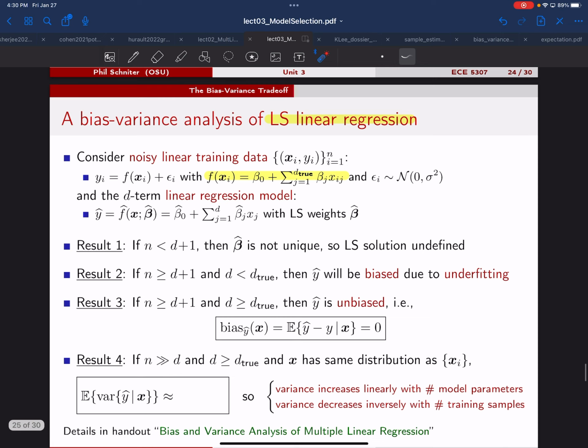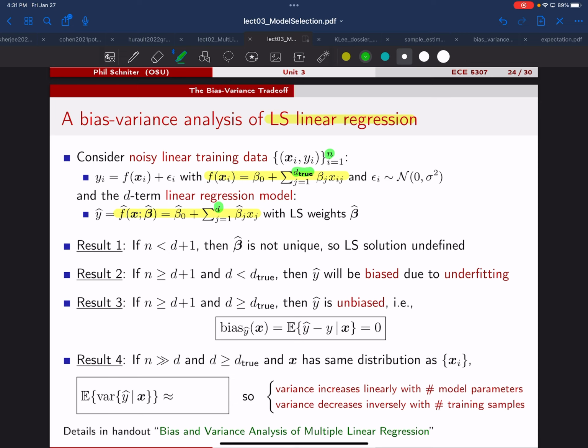I don't remember if that's actually needed for the derivation, but as before, zero mean, sigma squared variance. For our model, we are also going to assume a linear model, but now the difference is we may not have the true model order. So we're going to have just some generic model order D. And as always, we have n samples in our training data set.